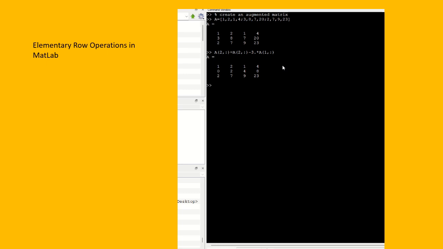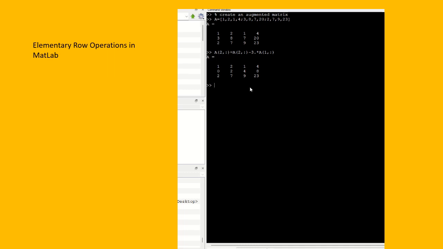Now it tells us what the matrix A looks like after that. Notice that this second row is different from what it is up here, because 3 minus 3 times 1 is 0, 8 minus 3 times 2 is 2, 7 minus 3 times 1 is 4, 20 minus 3 times 4 is 8. The first row and the third row were unchanged.